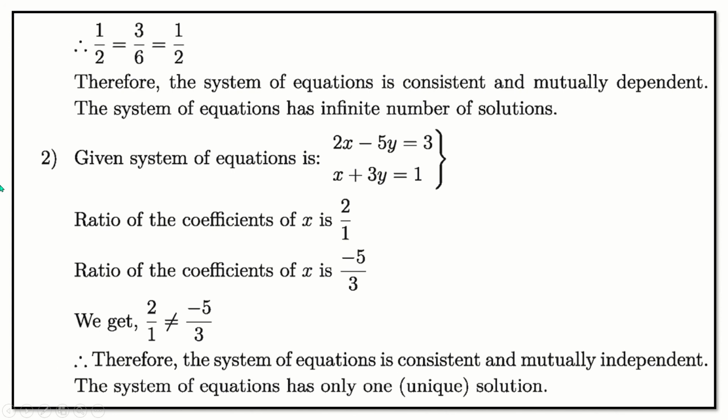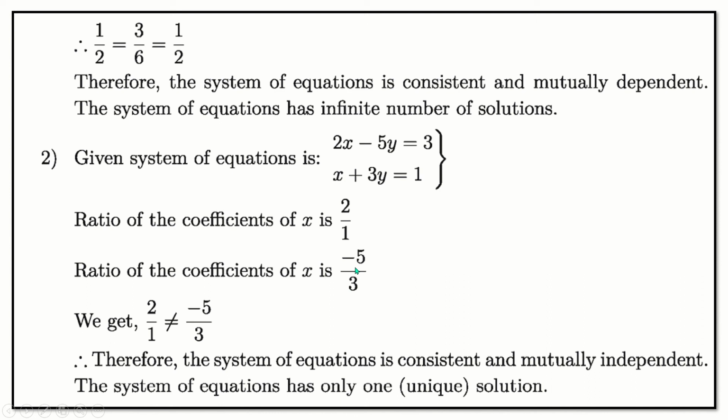Clear everyone? Now number two: the given system of equations is 2x minus 5y equal to 3 and x plus 3y equal to 1. Now the ratio of the coefficient of x is 2 by 1, and the ratio of the coefficient of y, not x, is minus 5 by 3.